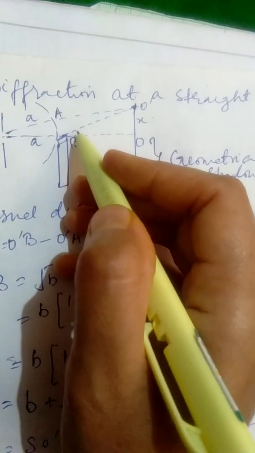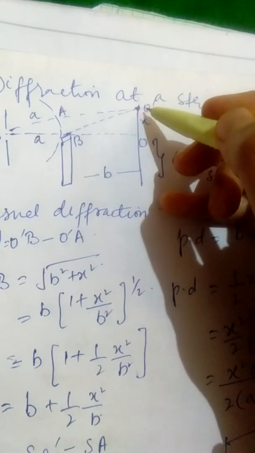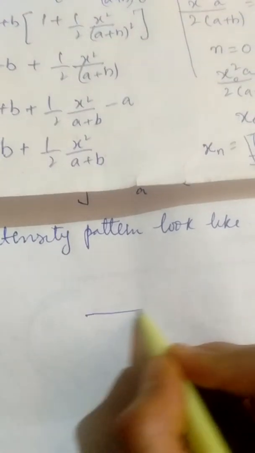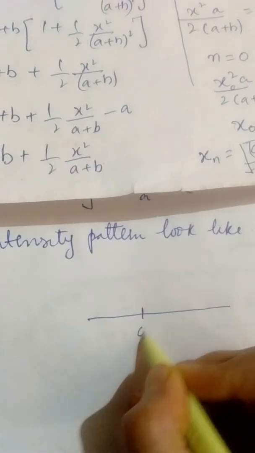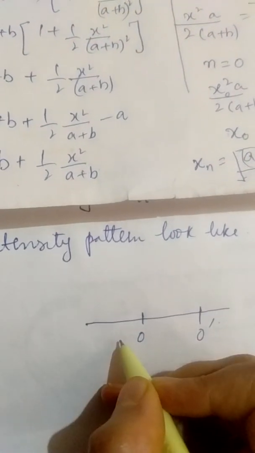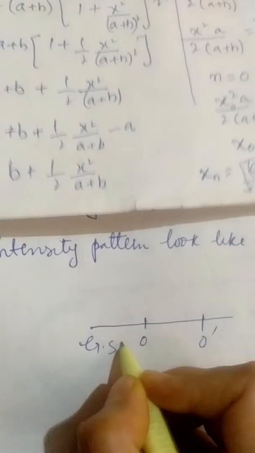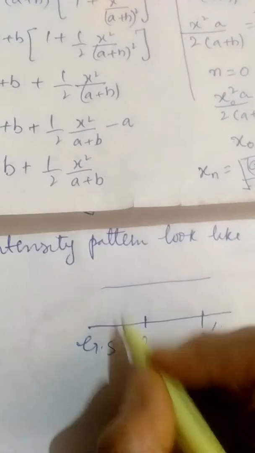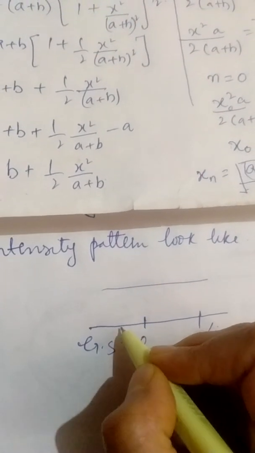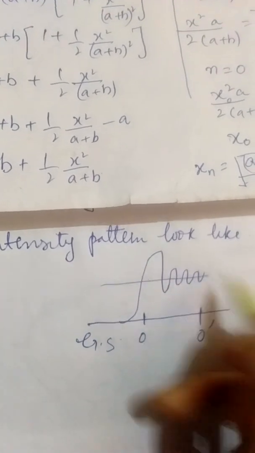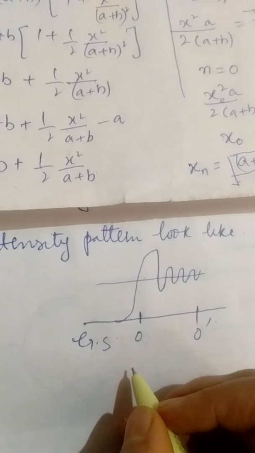And you will be obtaining a diffraction pattern on the other side of O, from O to O dash and onwards. So when you draw that, it will be like this. Suppose this is O and this is O dash, right? Beyond O, this is the geometrical shadow, GS. So there is some portion that will penetrate this region, and this is the peak, and then we have subsequent peaks. It will be like this, right?